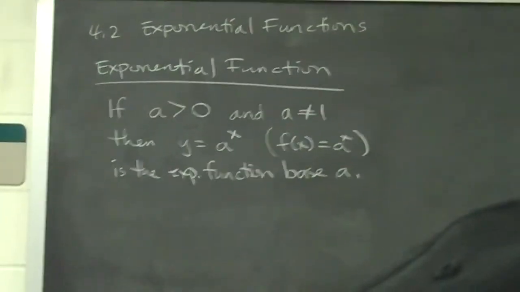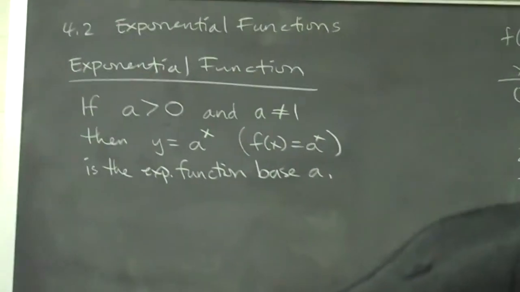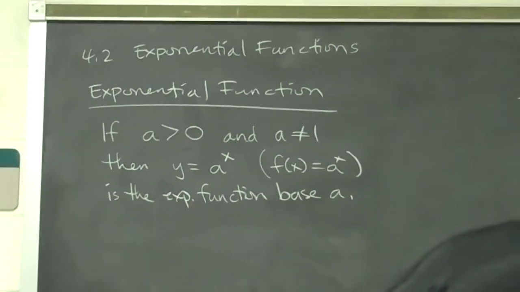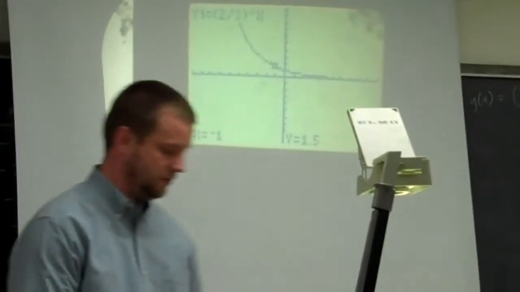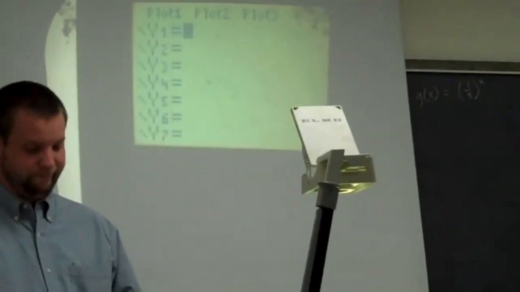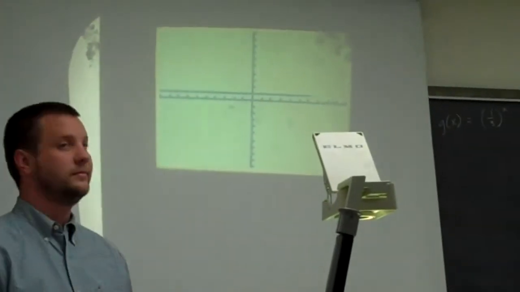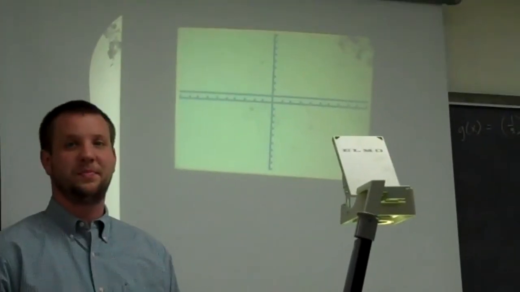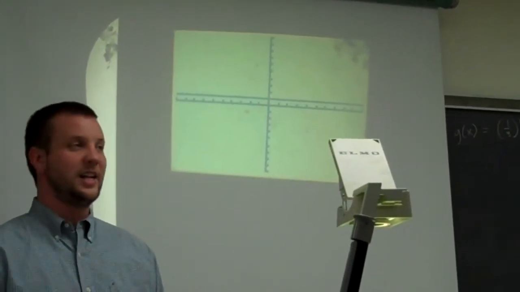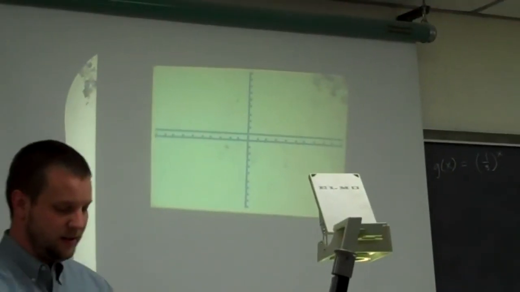Why not 1? What would 1 to the x power look like? It's kind of boring. It's actually just a constant function 1. Why?